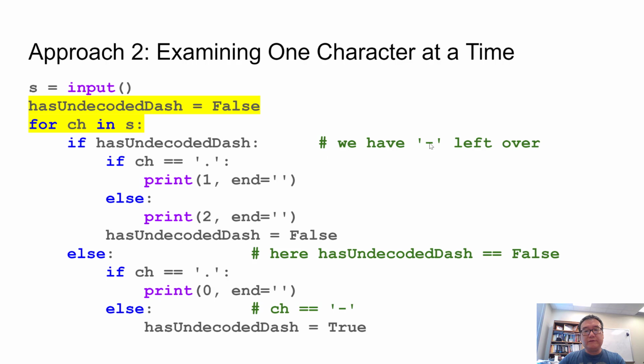If we have a dash left over, then depending on whether the character is a dot or dash, we're going to print 1 or 2. At the same time, we set has undecoded dash to false. And if we don't have an undecoded dash, then when we see a dot, we just output 0. But otherwise, when we see a dash, we set has undecoded dash to true. So this remembers the information that we've seen a dash and we haven't decoded it.